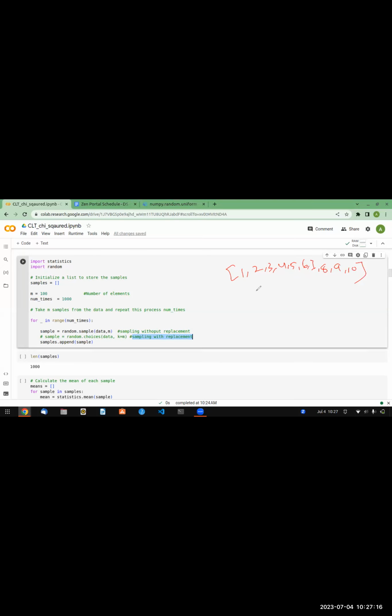But what do we mean by sampling without replacement? Suppose this is my data. From here I want to take a sample, and I took 1, 4, and 8 as my first sample. Sampling without replacement means this is sample 1. If I take sample 2, these three numbers should not be repeated. I'm going to take 3 elements from these 10 elements, and 1, 4, 8 I already chose.